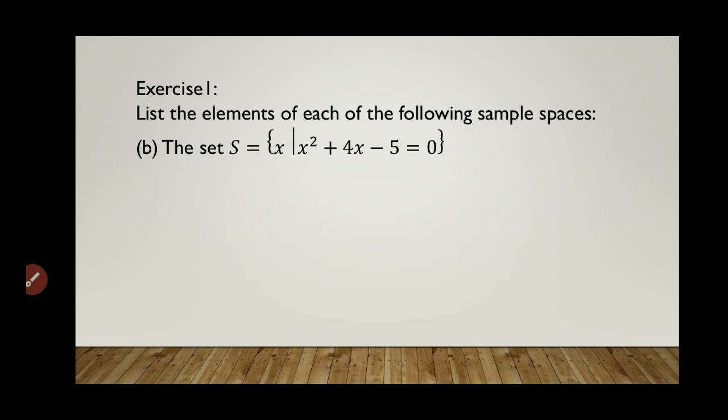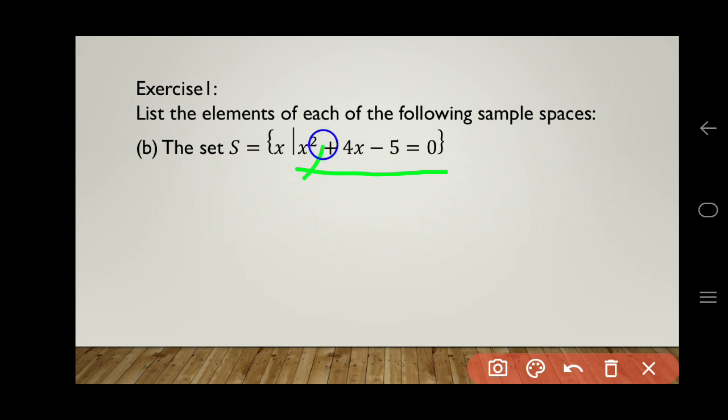And then, another one. We have set S is equal to x, where x is, ito, may condition. X squared plus 4x minus 5 is equal to 0. Anong gagawin nyo lang dito para makuha yung sample point or the elements? Kukunin nyo lang yung value ng x na magsasatisfy sa equation na to. Therefore, magsasolve lang tayo for the value of x.